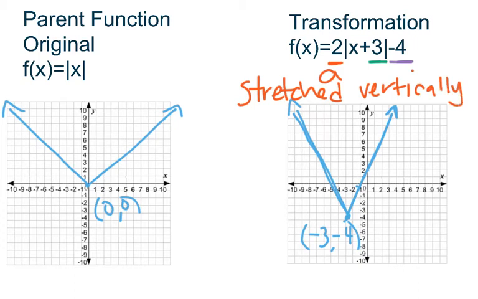So if you think about it, it's like it's been pulled up and down. That's why it looks taller and skinnier. If you look at the 3, it happened after the X, so that's your H value. So H is 3, if it's positive, it moves it to the left. So that 3 right there means it moved 3 units to the left.